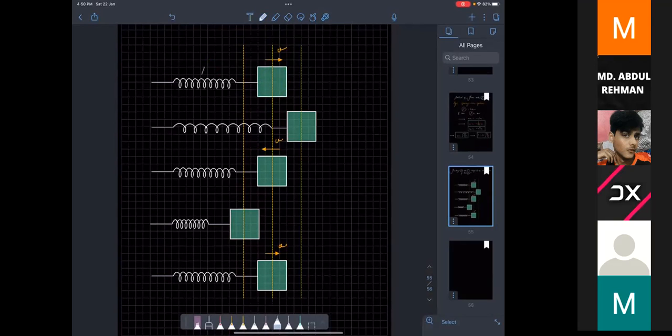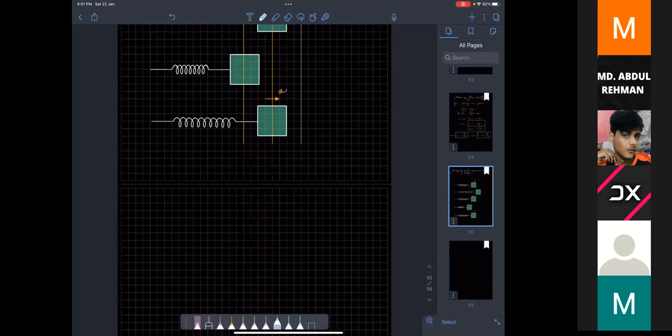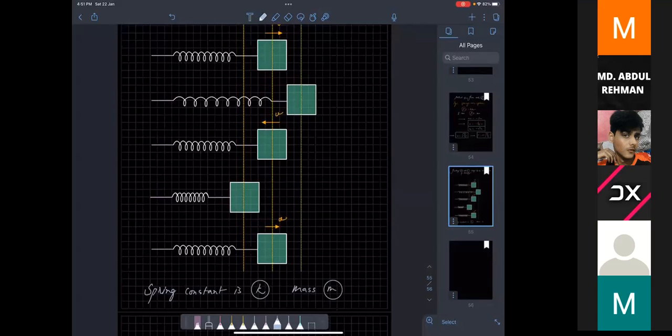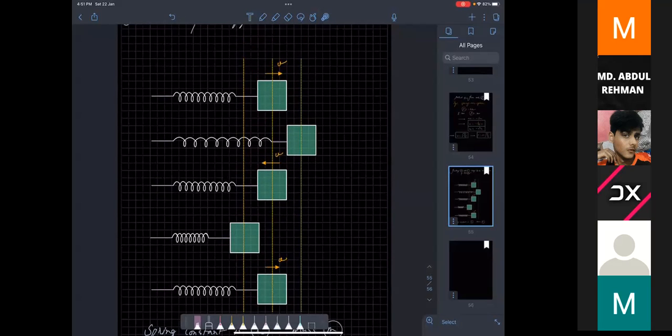Spring constant is K and mass is M. Now tell me, when it is in mean position, what is the extension of spring? 0. If extension of spring is 0, it is in its natural length.